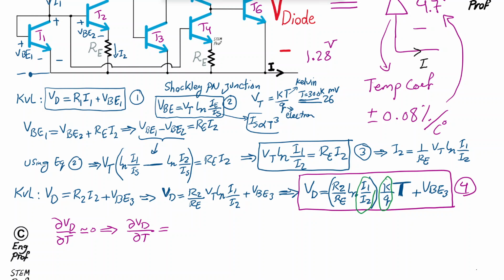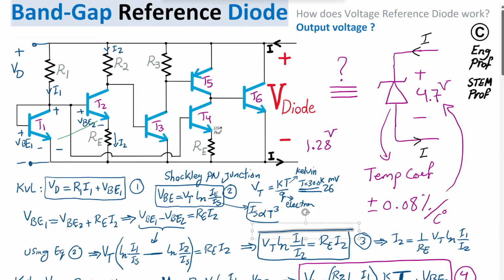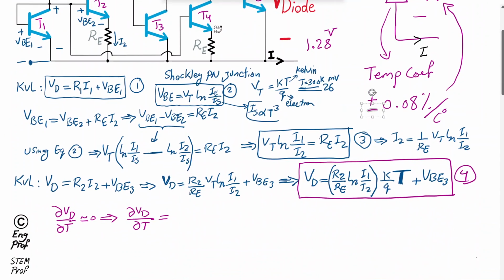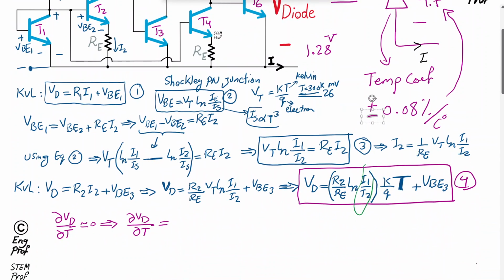The I1 over I2 can be designed to be fixed. It's a relative value, basically. If there is a change as a function of temperature or process, given the matched transistors, it affects both of them. So I1 over I2 can be assumed to be pretty constant as a function of temperature.